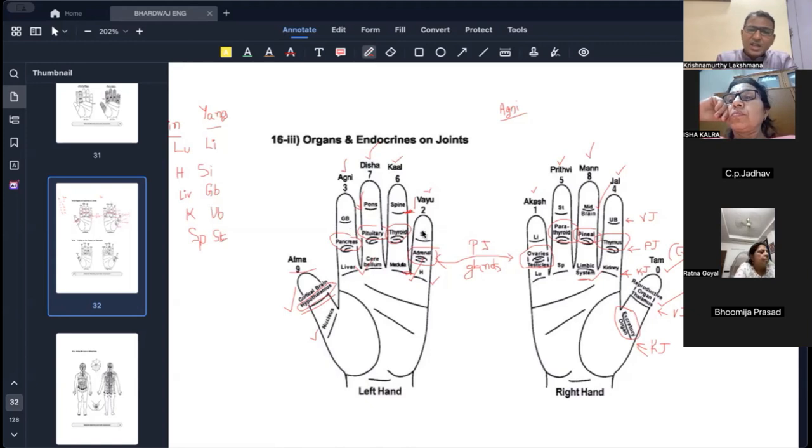One joint can represent multiple things, so you should not get confused. In this, it is told like this; in that, the same joint is referred to with something else. Should you have that confusion?